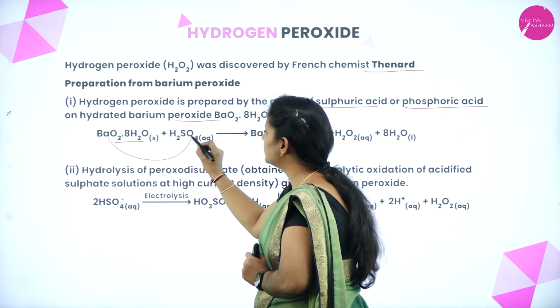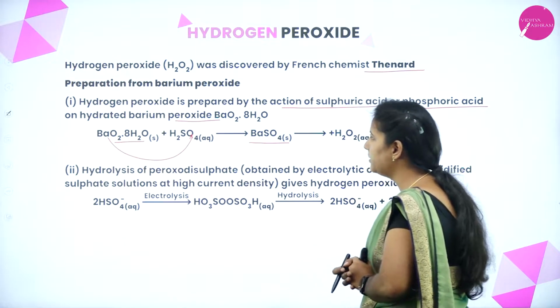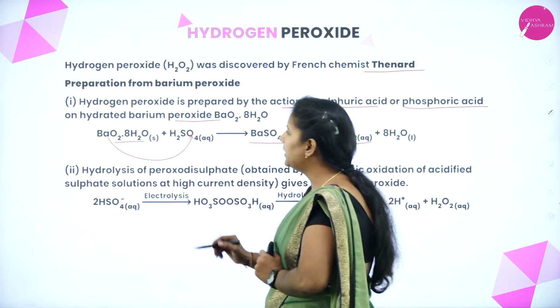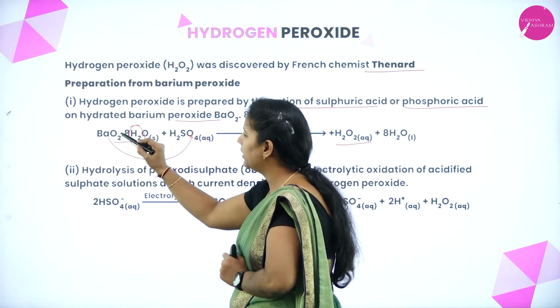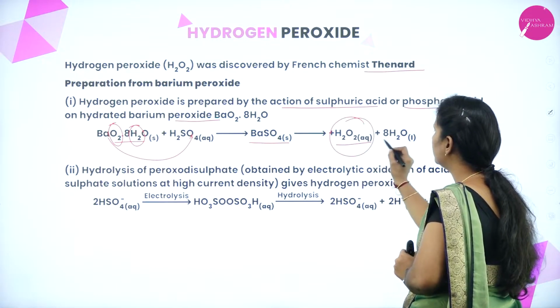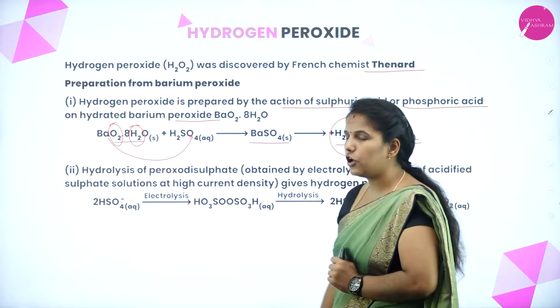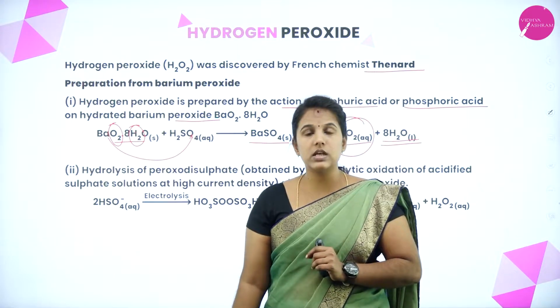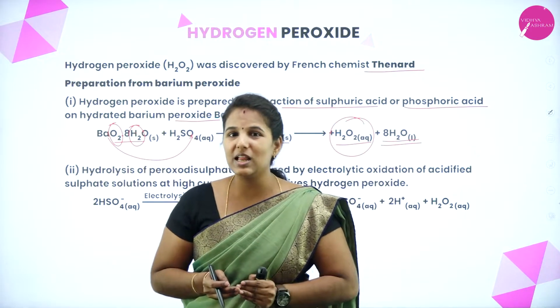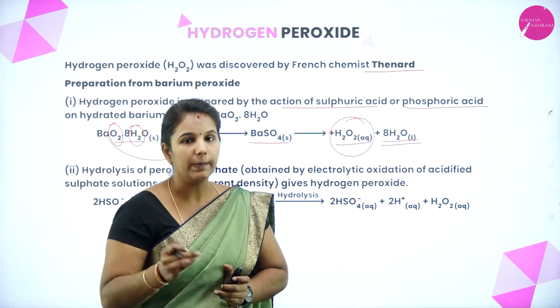You know, it forms what? Barium combines with the sulfate and forms barium sulfate, with the formation of H2O2. Why is it H2O2? You can see that there is one hydrogen and one oxygen, two of each, and it forms H2O2 with the formation of a water molecule. This is how by using barium oxide we can easily prepare hydrogen peroxide.